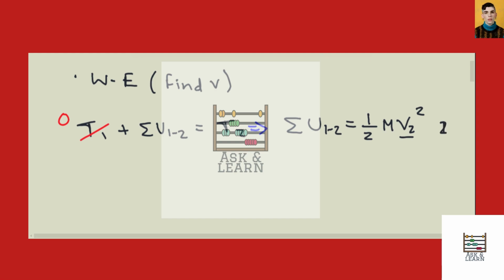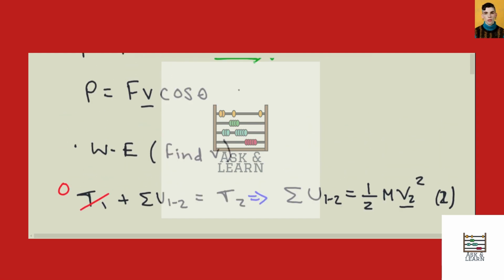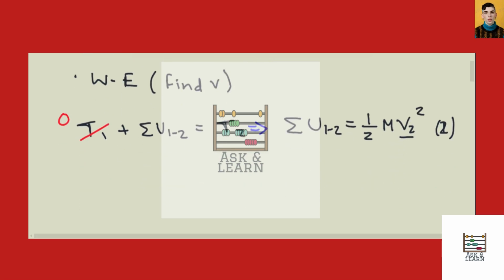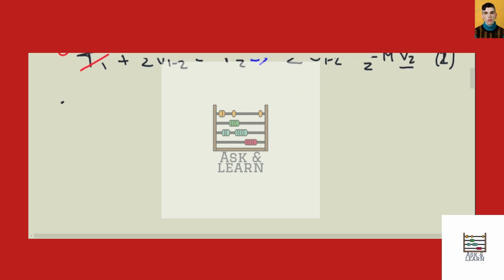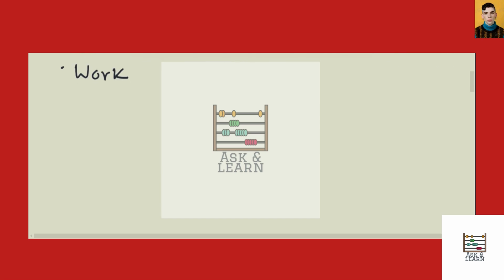Let's call this equation 2, and the equation for power we'll call equation 1. So from our equation 2, we need to find the work being done, and we know that work is the force times distance. So let's draw a free body diagram to see the forces involved.